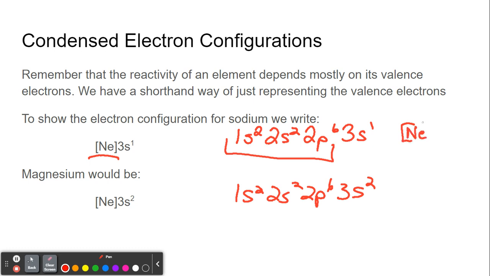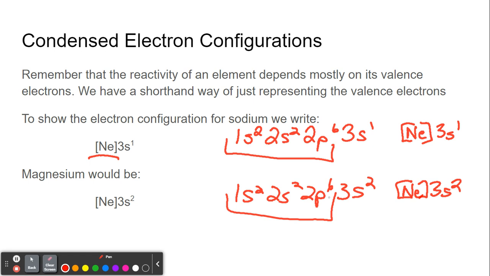So we write in square brackets neon and then 3s1. Magnesium is 2 after neon. So we write in square brackets neon and then 3s2. It allows us to not write this part again and again.